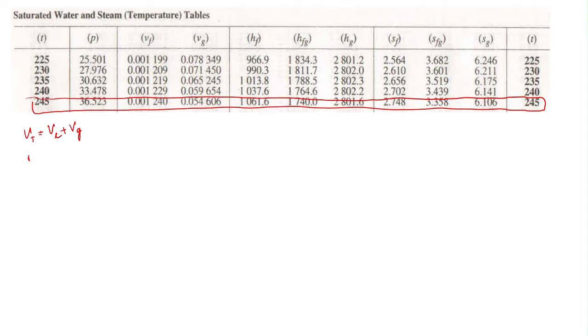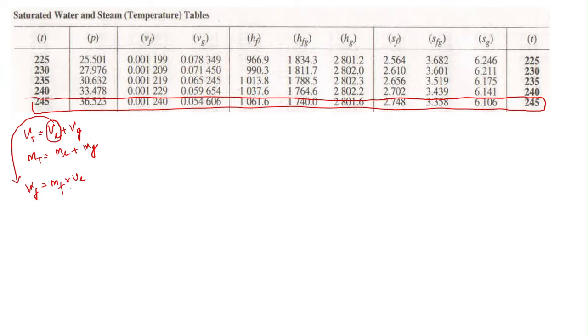Otherwise, mass of total is equal to mass of liquid plus mass of gas. Then how can we approach these conditions? Consider first the volume of liquid. The volume of liquid is equal to, by the relation we already have, mass of liquid into specific volume of liquid.